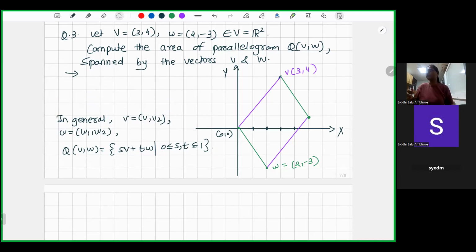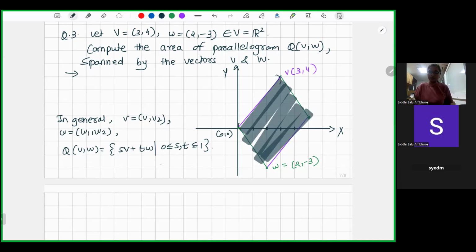And we can see that this is actually the collection of all the points in this region. Okay, everything is between 0 to 1. So the scaling of this V goes from 0 to 1 here.